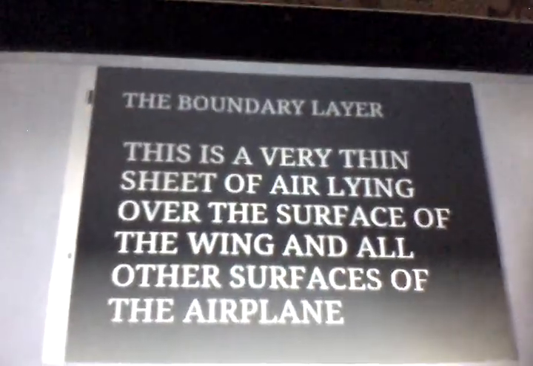That's what they call the boundary layer. So it's under the wing, over the wing. They also have it on the surfaces of the airplane. So we're just going to look at the definition and so forth.